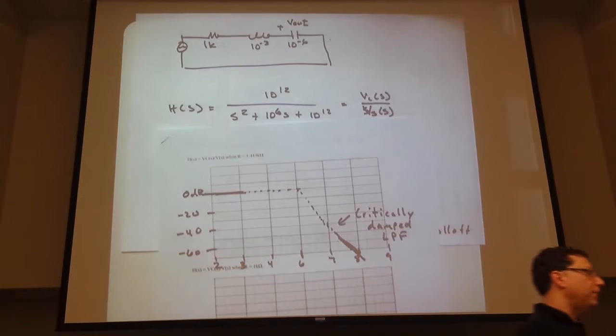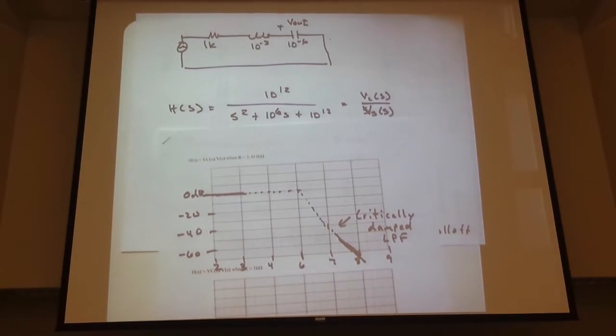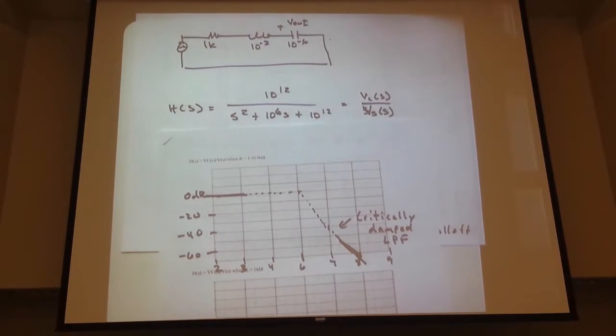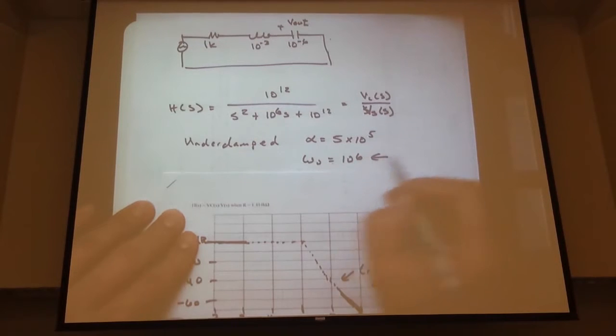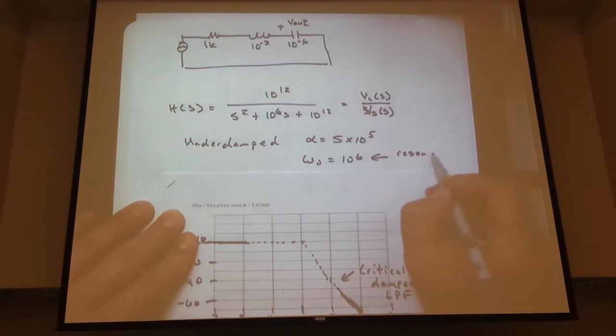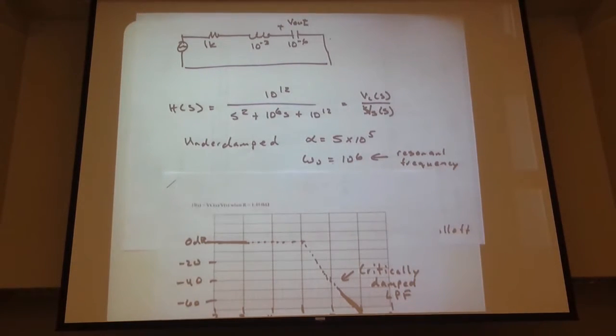Specific meaning. I wrote it up there, it's under the piece of paper. What's 10 to the 6? It's omega naught. It's our radial or resonant frequency, which for the critically damped case, omega naught and cutoff frequency were the same.